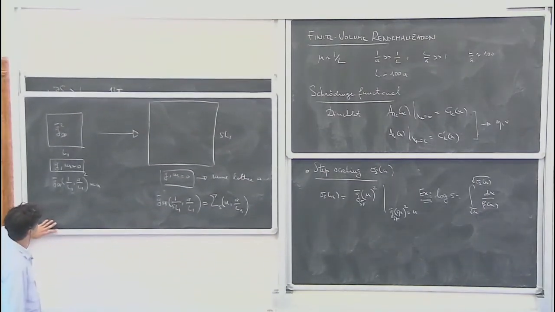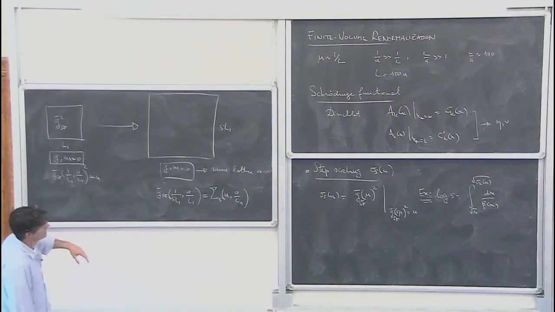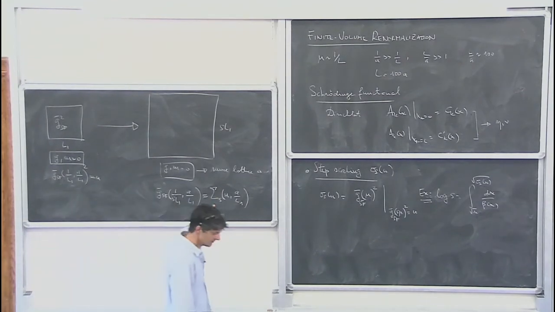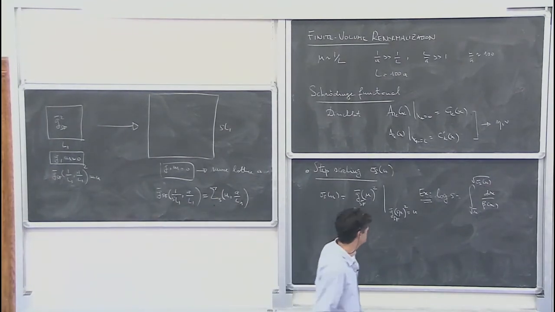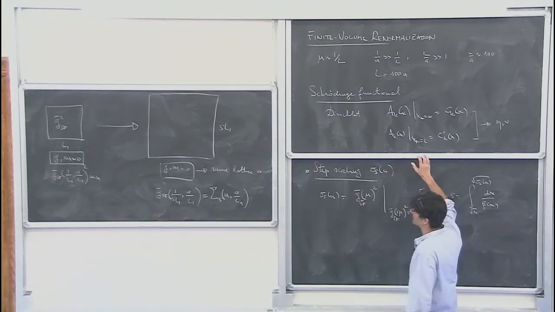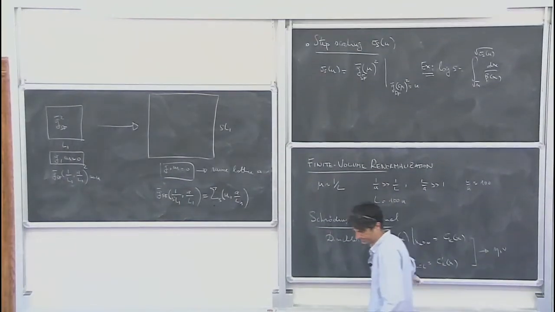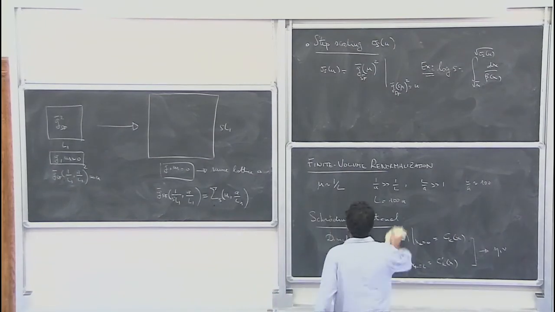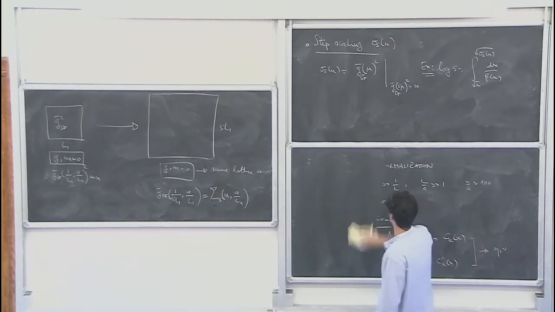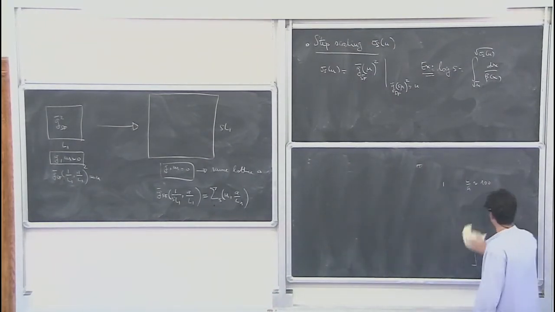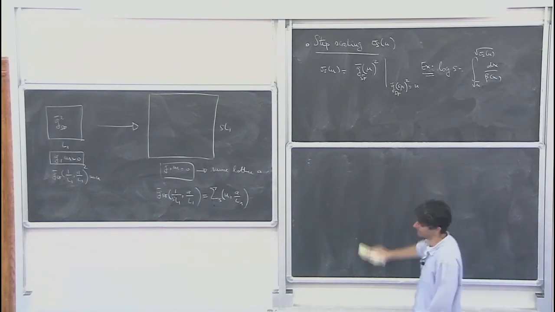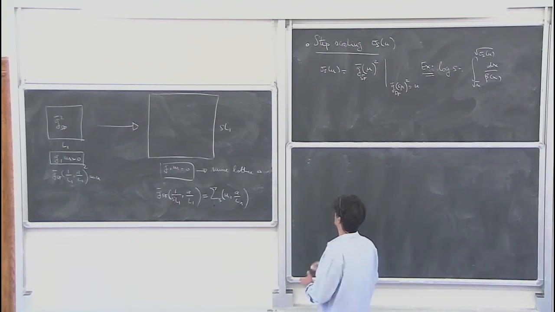So I can measure this for several values of u and several values of a. And then for every value of u, I can take the continuum limit. Okay?